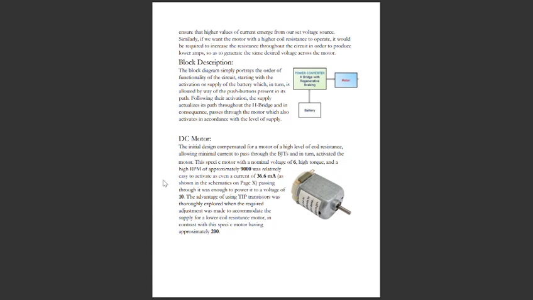The advantages of using the TIP31 transistor were fully explored when the required adjustment was made to accommodate the supply for the lower coil resistance motor, in contrast with the specific motor having approximately 1000 RPM.